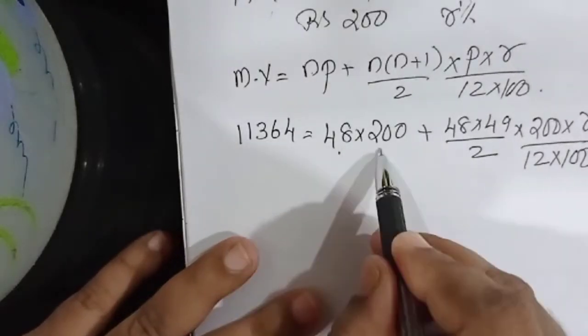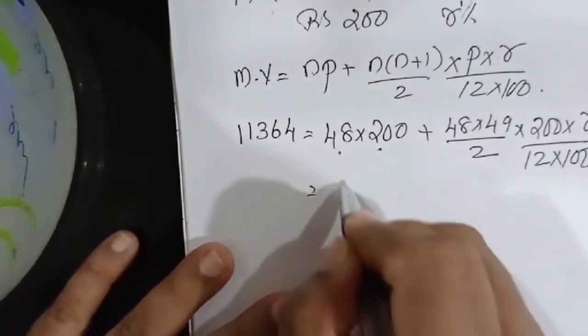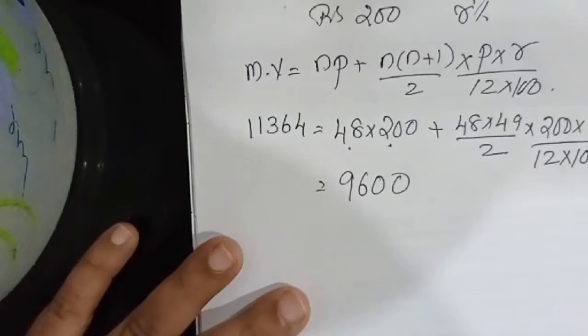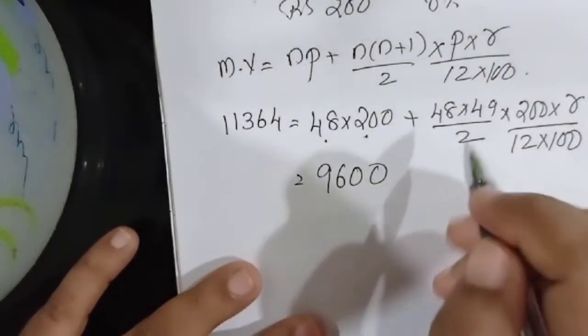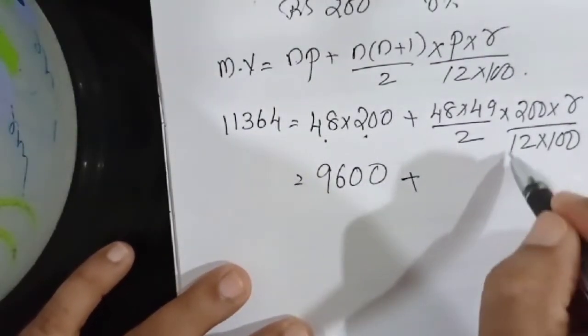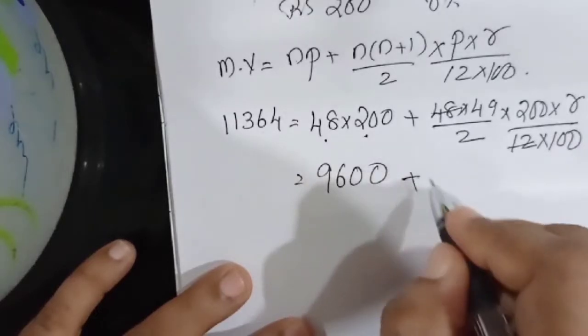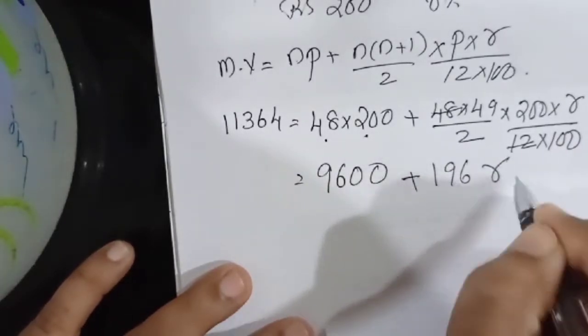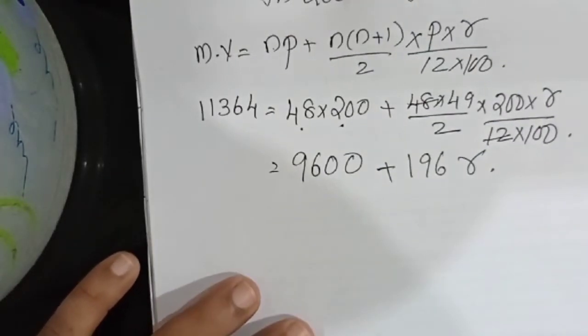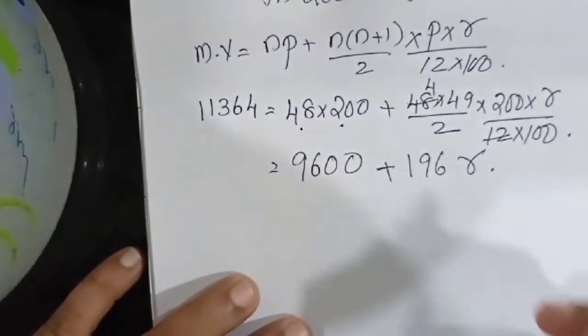What is 48 into 200? 9,600. And after calculation of this side, you will get 196R. Do the calculation. 196R.